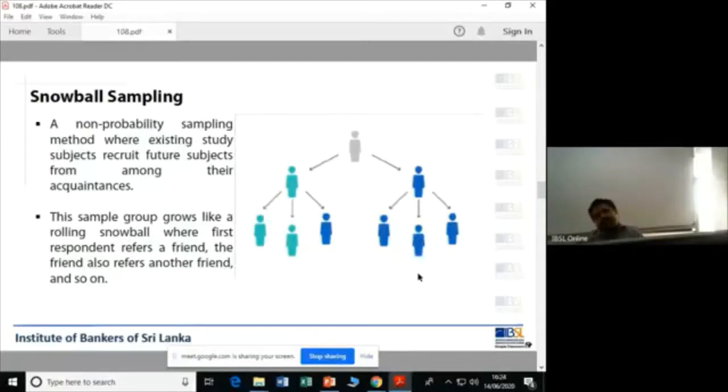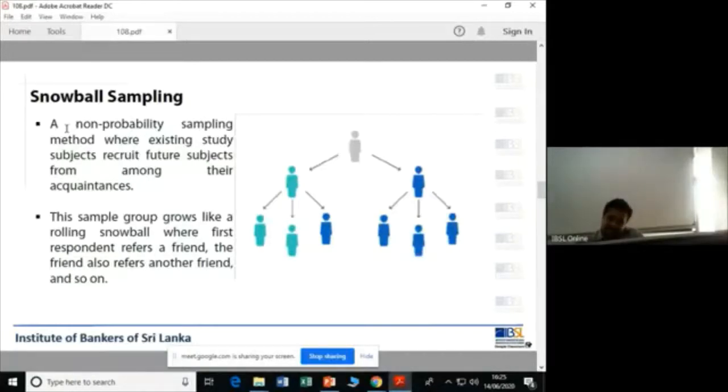The sampling technique that we are discussing here, titled snowball sampling, has the exact same idea. I'll show you. A non-probability sampling method where existing study subjects recruit future subjects from among their acquaintances. What is the idea that we're trying to discuss here?